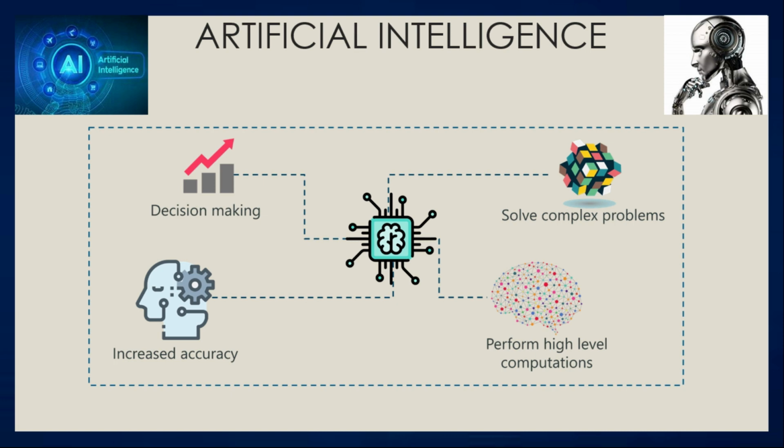So artificial intelligence is making computer systems act like human intelligence. That is what we refer to as artificial intelligence. These are some of the aspects that every artificial intelligence system will take care of, whether it is decision making, solving complex problems, or performing high-level computations.